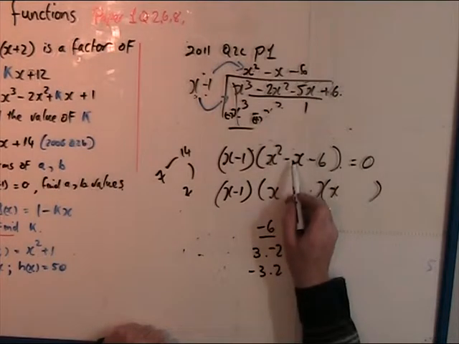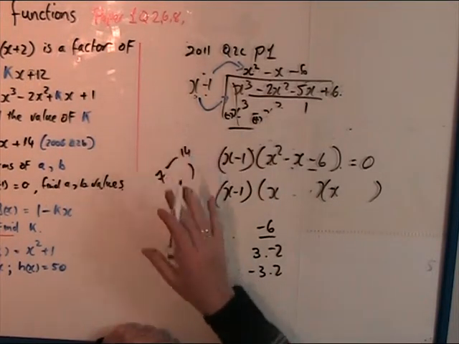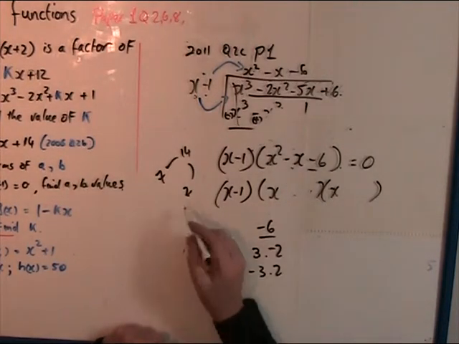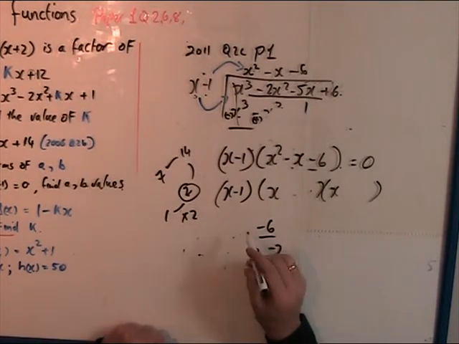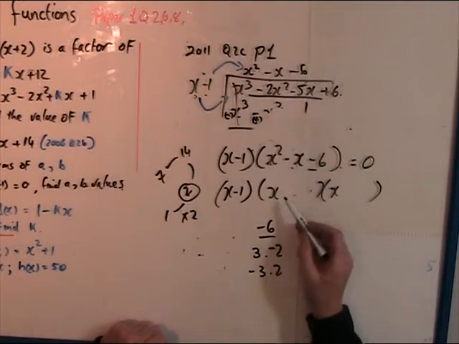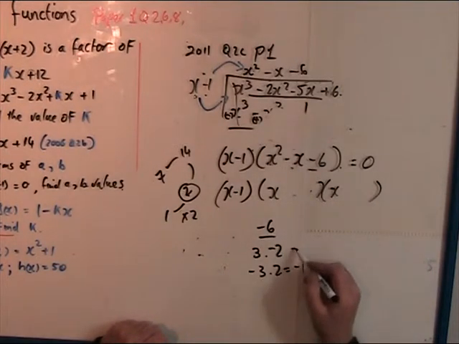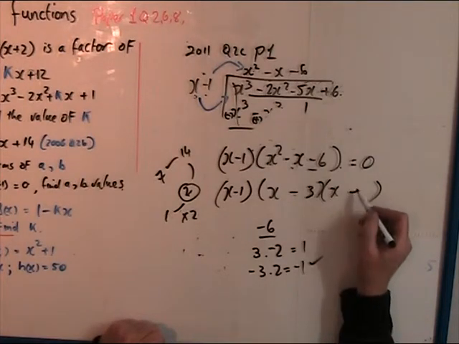The coefficient of the middle term here is minus 1. We're looking to get more factors of this, the same way as 2 has other factors, like 1 by 2. So I'm looking at the factors that when added give me minus 1, minus 3 and plus 2.